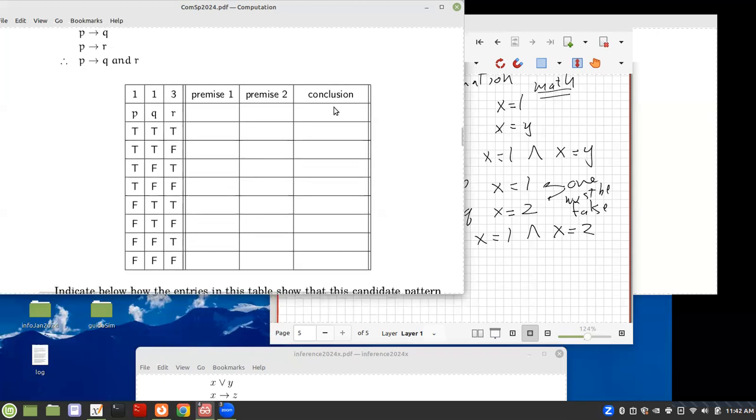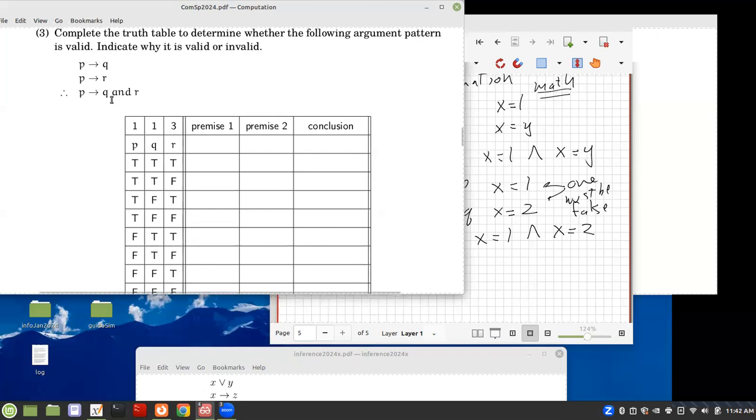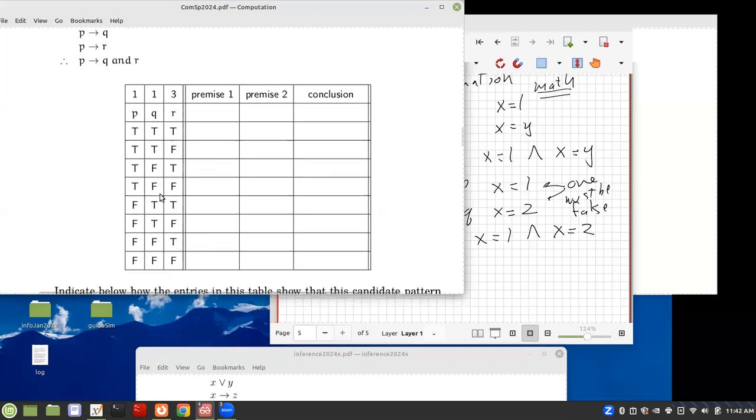We can see from P, Q, and R all the possible truth values, all the possible worlds or situations in which P, Q, and R are true or false, and then here whether P implies Q is true, whether P implies R is true, and then here whether Q and R is true, and then comparing the first column with that, we can decide whether the conclusion is true.